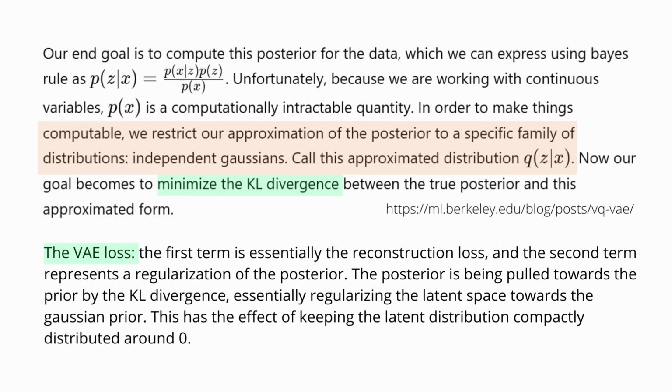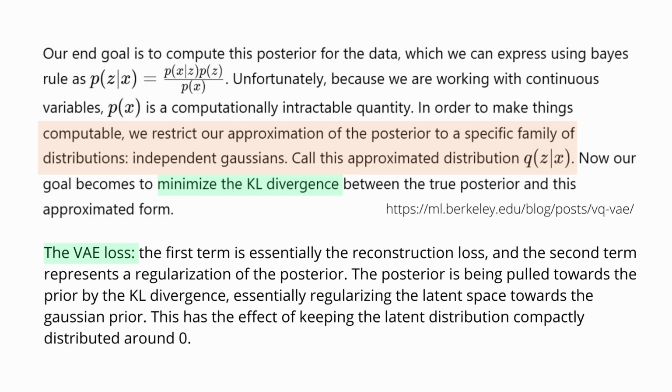But unfortunately, since we're working with continuous variables, well, hint, in the future we will not be doing this, but for the moment we're working with continuous variables, now p(x) is computationally intractable. So, too complicated.